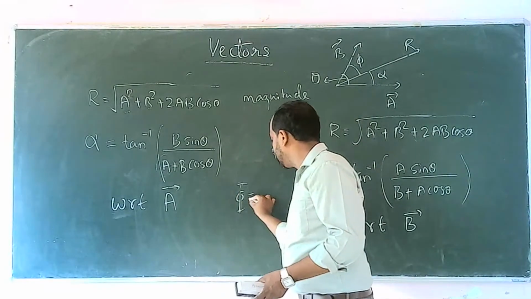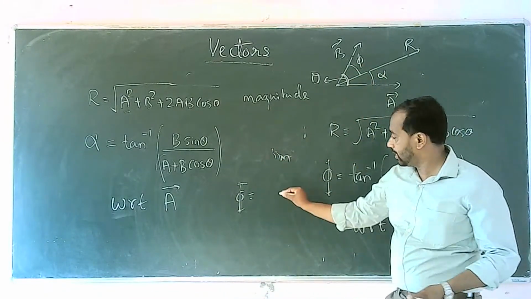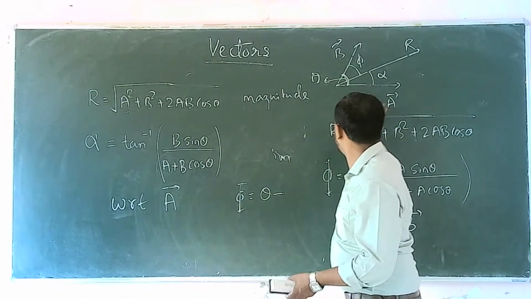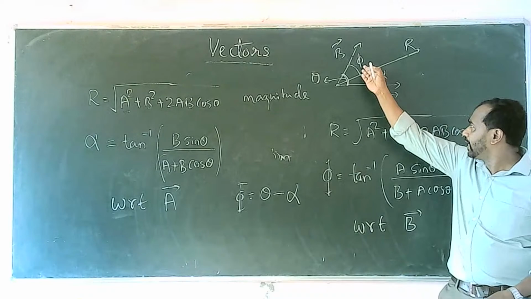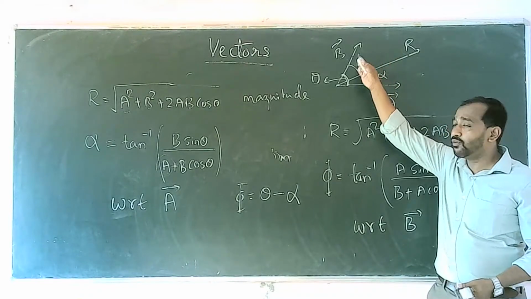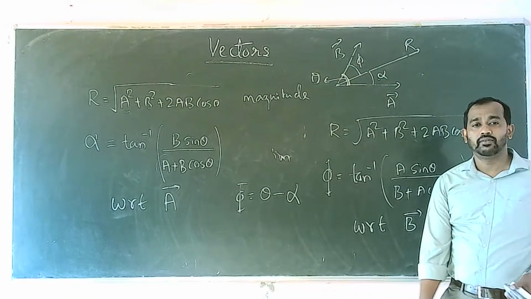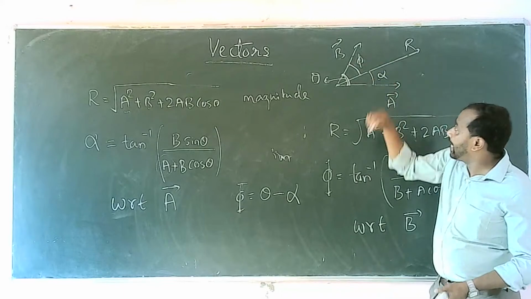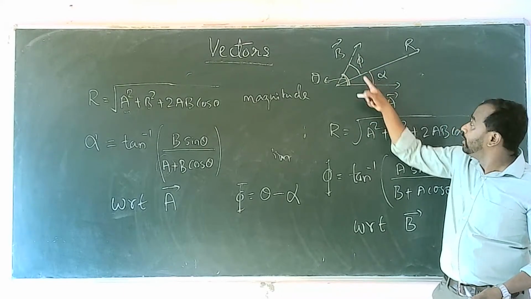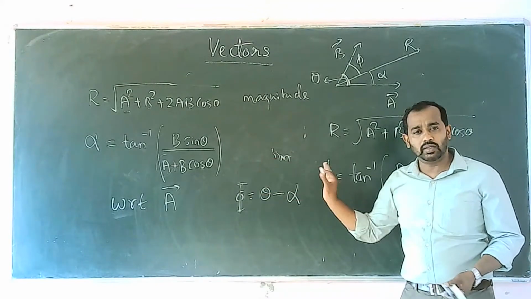Phi is nothing but theta minus alpha. That's the relation. We can clearly see that from the diagram itself. The total angle is theta, which is the angle between A and B. Phi is the angle between B and R. Alpha is the angle between R and D. So this is the relation among them.